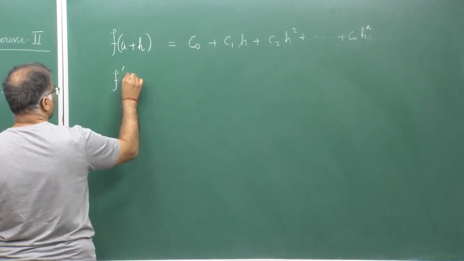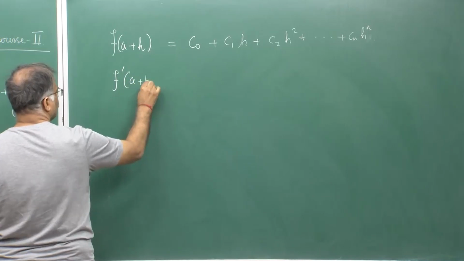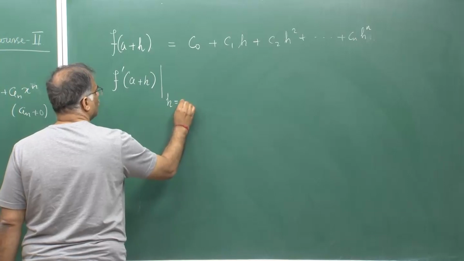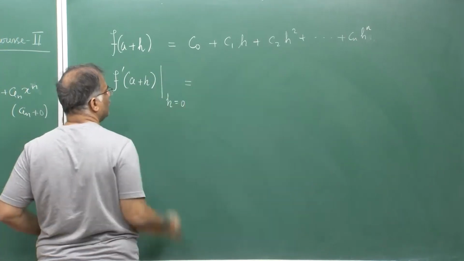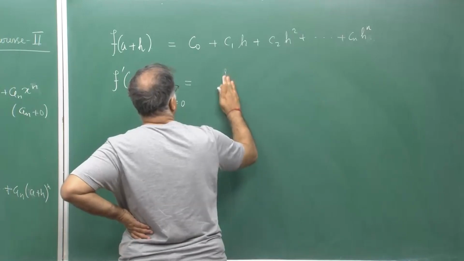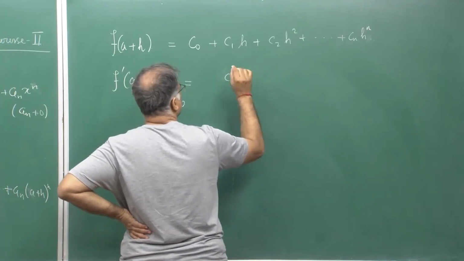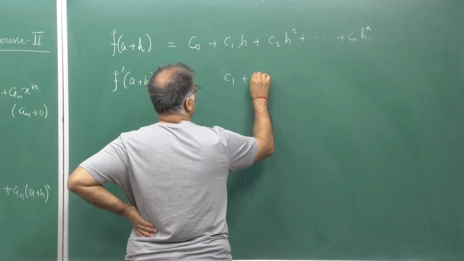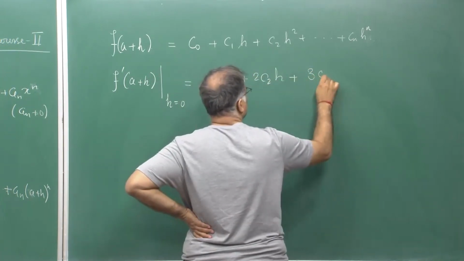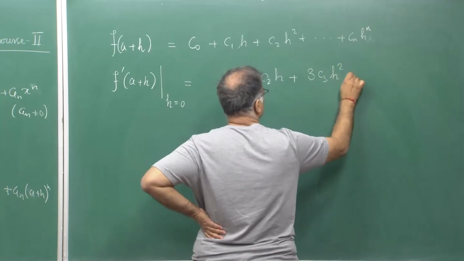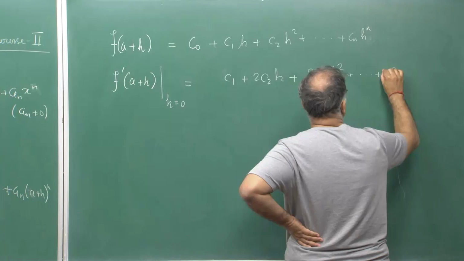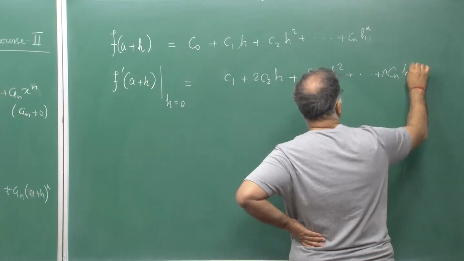So f dash of (a plus h), he wanted to calculate it at h equal to 0. So if you calculate the derivative of this, it will become c1 plus 2 c2 h plus 3 c3 h square plus so and so n cn h to the n minus 1.